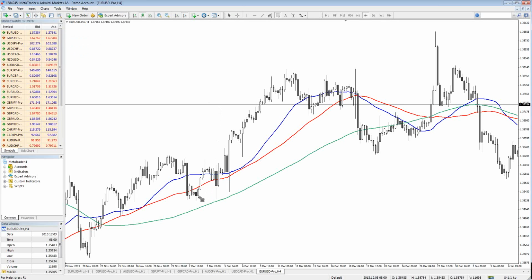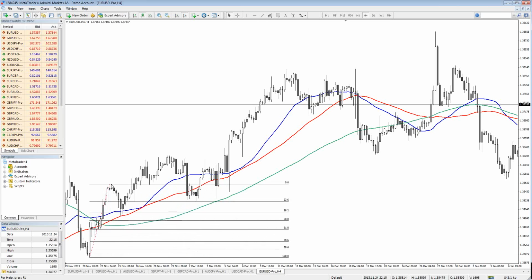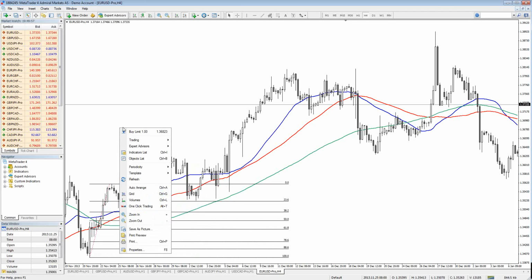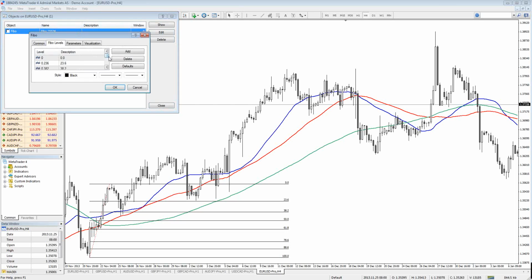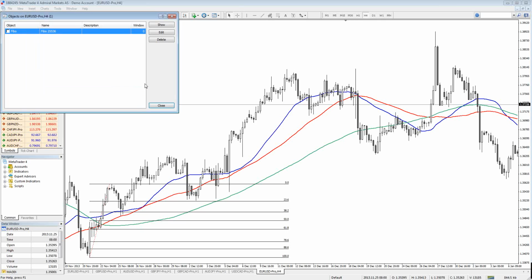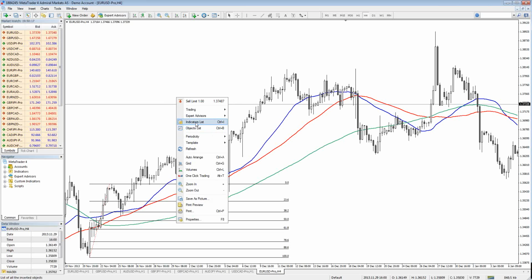So insert Fibonacci. Let's say that you want to use Fibonacci from this point to this point. Now, click on Objects List, click on Fibonacci, and delete here. So this is how you will see default Fibonacci levels. Let's clear it also.